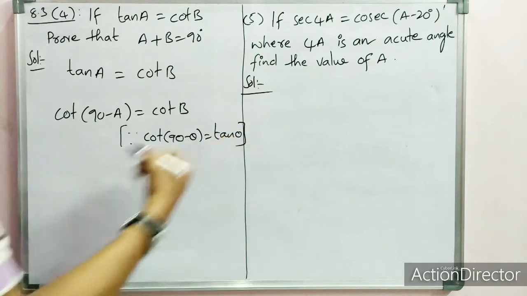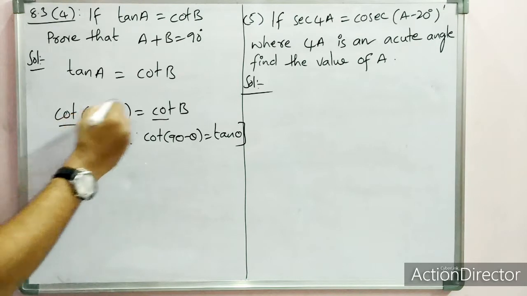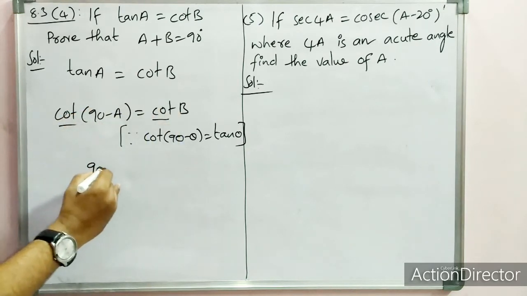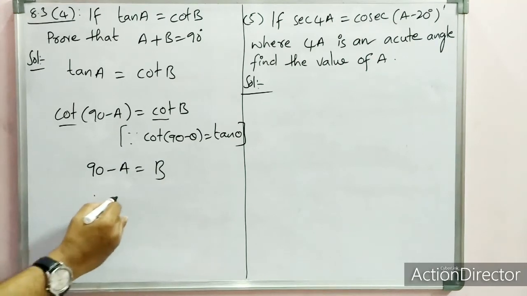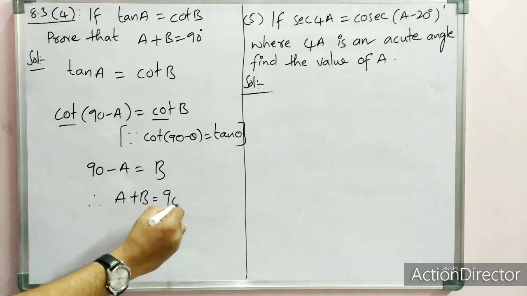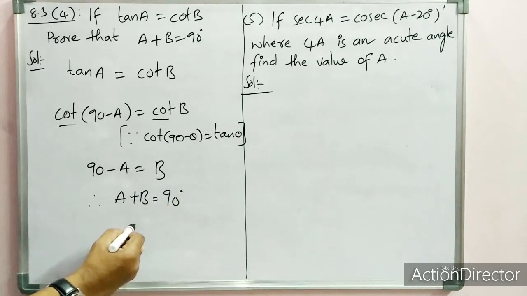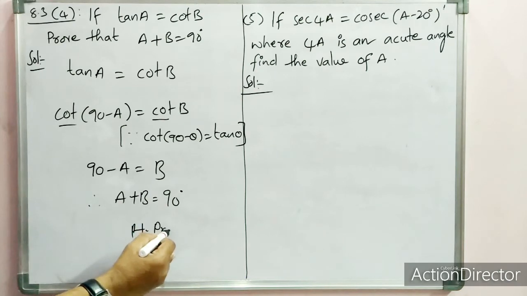I used this complementary formula. Now both sides have cot, so compare the angles. Therefore 90 minus A is B, so A plus B is 90. Hence proved.